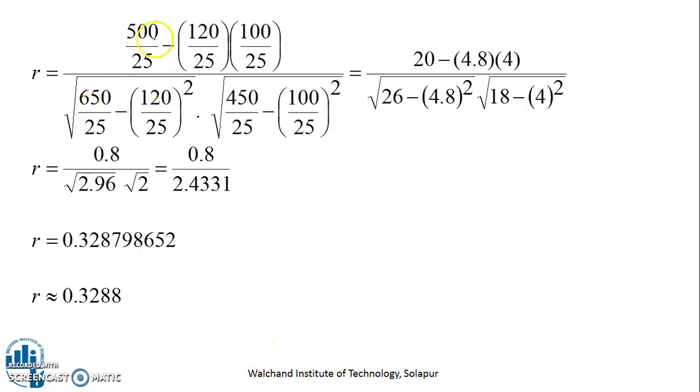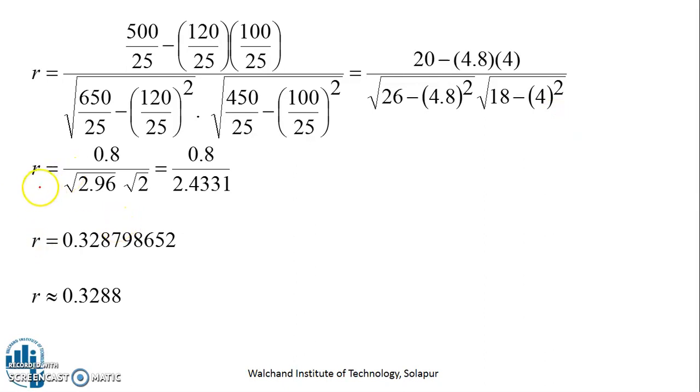We get r equal to 500 by 25 minus (120 upon 25) into (100 upon 25), divided by square root of [650 upon 25 minus (120 upon 25) square] into another square root of [450 upon 25 minus (100 upon 25) square], which is equal to, in the numerator, 20 minus 4.8 into 4, and in the denominator, square root of 26 minus 4.8 square into another square root of 18 minus 4 square.